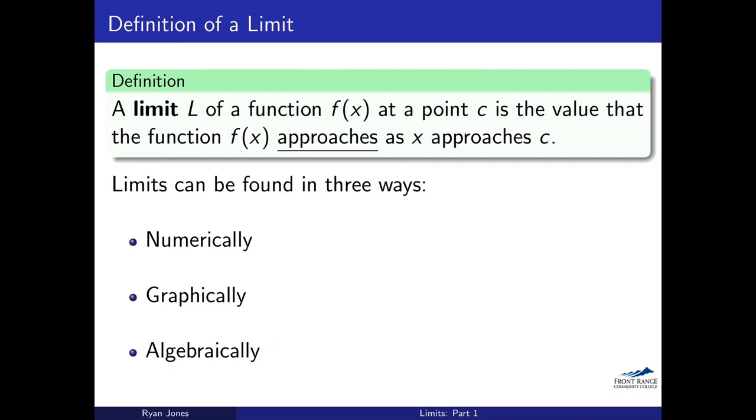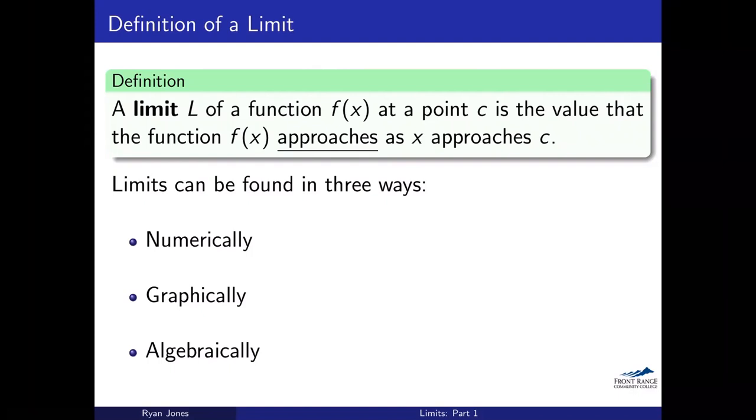So again, just to recap, I know this concept of limits is very new. It's very different from anything that you've ever seen before. So just to reiterate, you've got a limit. I'm going to call it L, and that limit is just the value that a function approaches. Obviously there's an x coordinate that I'm talking about, but the limit itself is just the value that the function approaches.